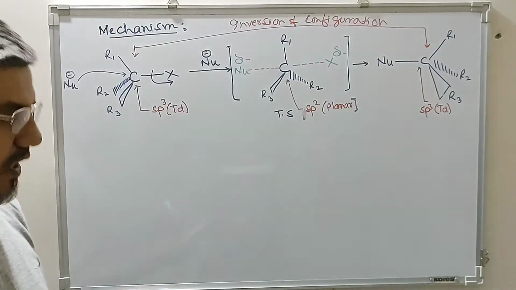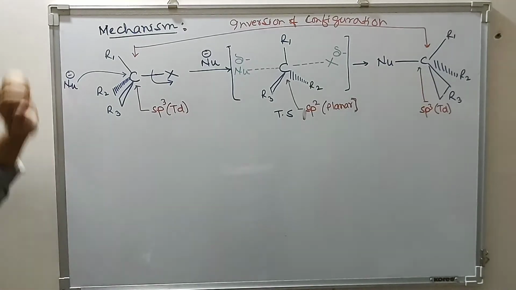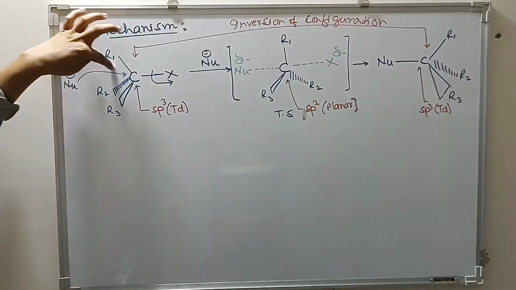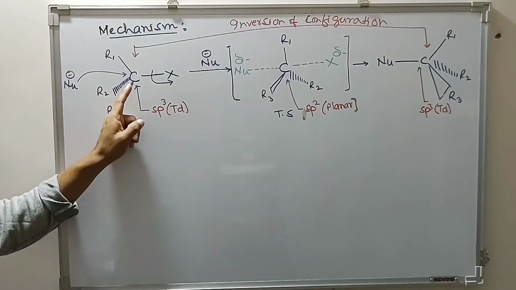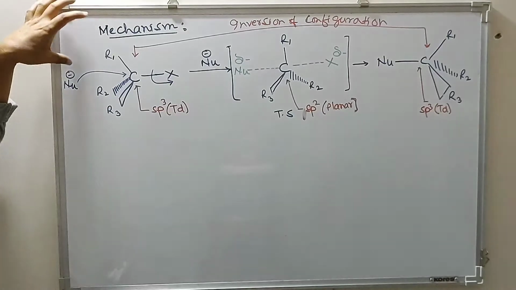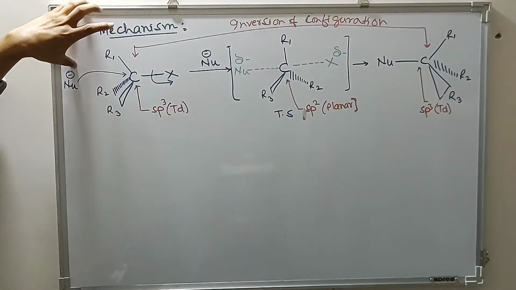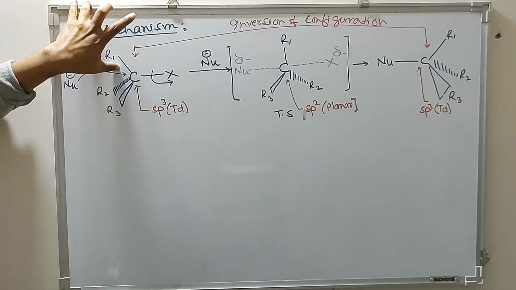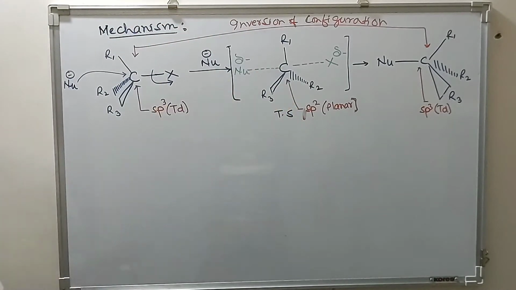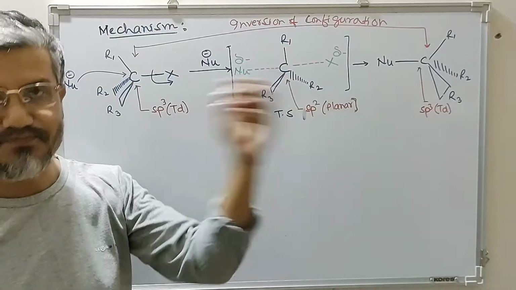Now look at this, why this is sp2? Look at this carefully. Now this nucleophile is approaching this electrophilic site. As this nucleophile brings along this electron pair, bonding tendency occurs. As the bonding between nucleophile and carbon occurs, this carbon halogen bond starts to break. So there is simultaneous bond formation and bond breaking.